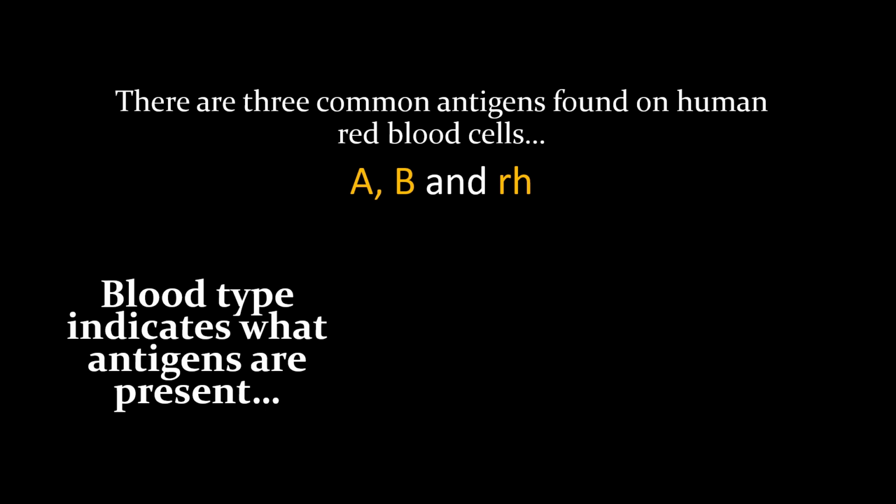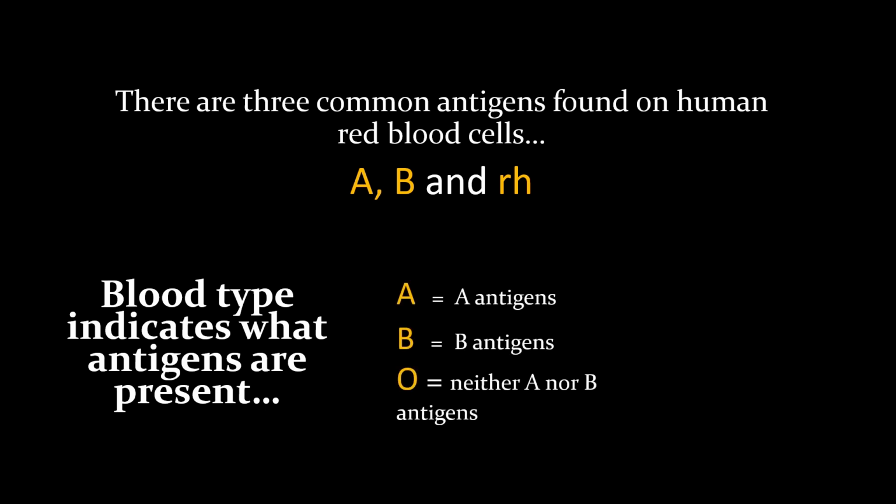What does A, B, and O mean in regards to blood type? So A means we have A antigens, B equals B antigens, O means we have neither A nor B. That's an important point, is the fact that O is not an antigen.